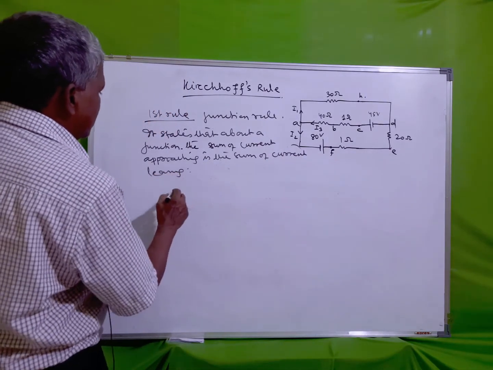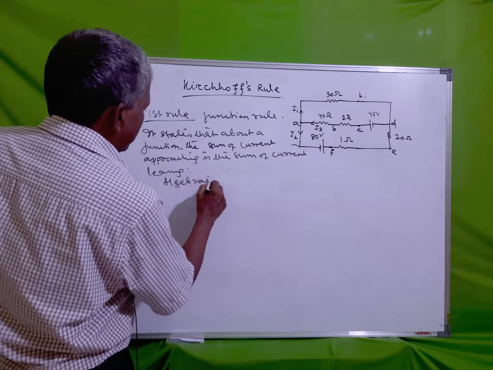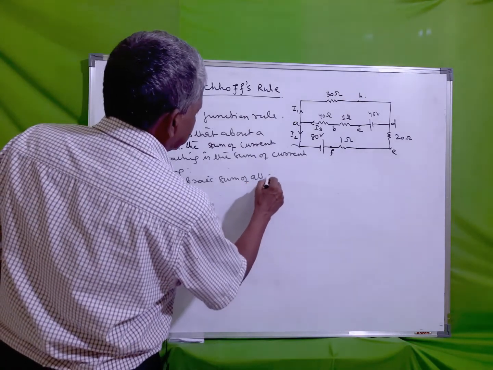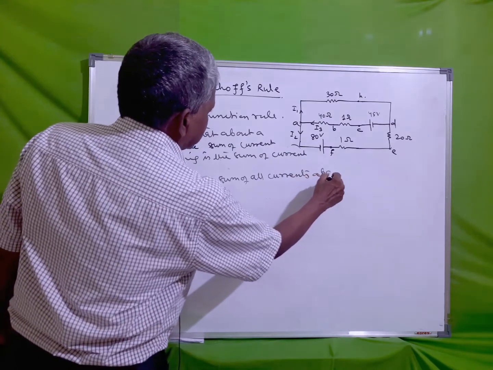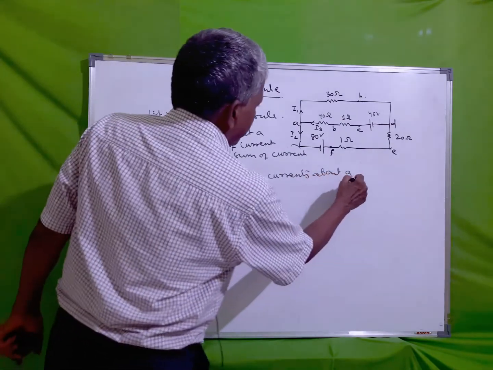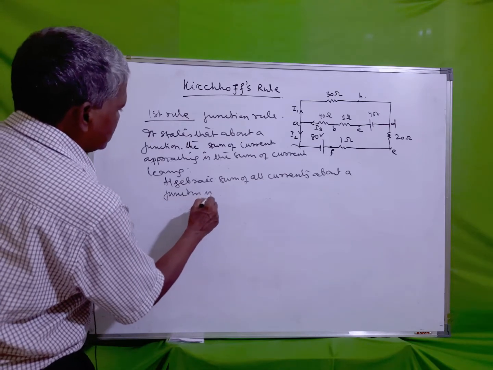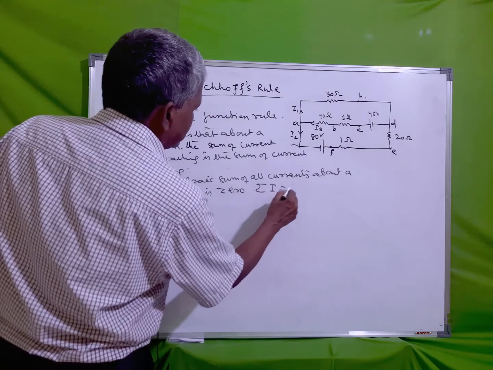That is, the algebraic sum of all currents about a junction is 0. That is, sigma I is equal to 0.